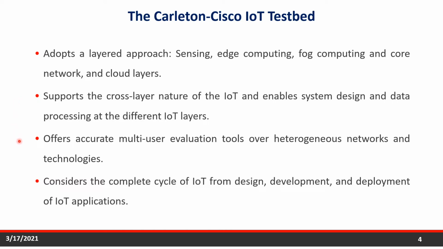As we will see from our applications, the IoT testbed offers accurate multi-user evaluation tools over heterogeneous networks and technologies. It also considers the complete cycle of IoT, starting from the design, development, and deployment of IoT application. In what follows, we will start with the IoT testbed architecture with Ismail Al-Shayab.